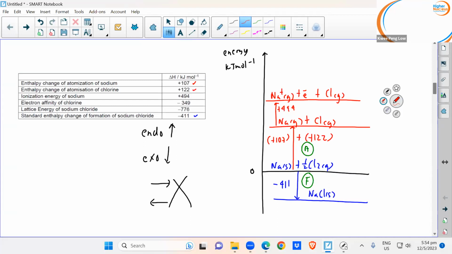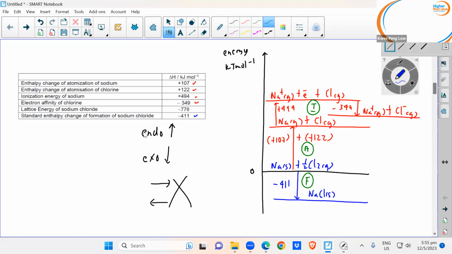Okay, now this electron will then be taken in by your Cl to become Cl minus. For Cl minus, the value is minus 349. So this time round, my arrow must come down. So sodium plus remains. Now the chlorine atom becomes chloride. So this is your minus 349. So this is your EA. So IE and EA, collectively, we call ionization.